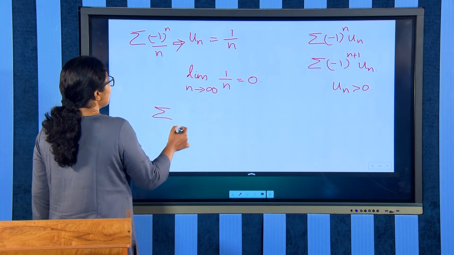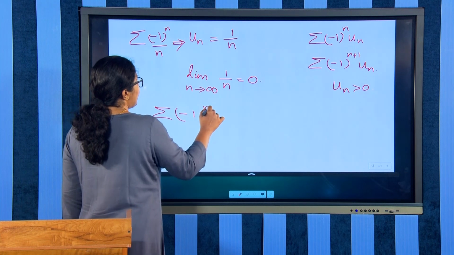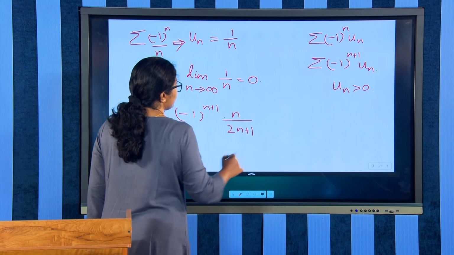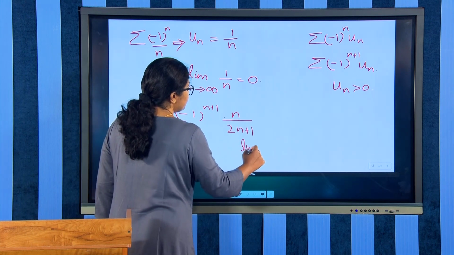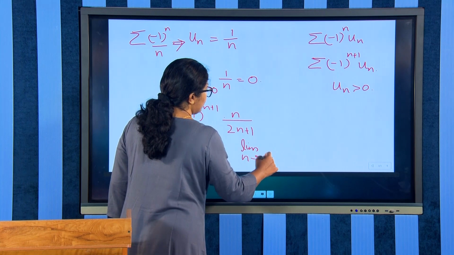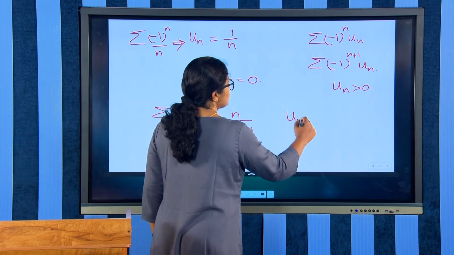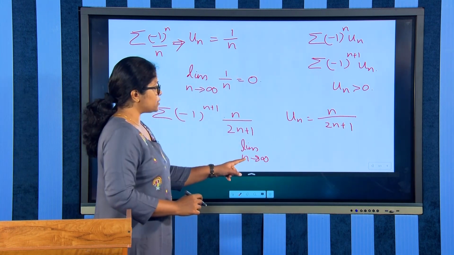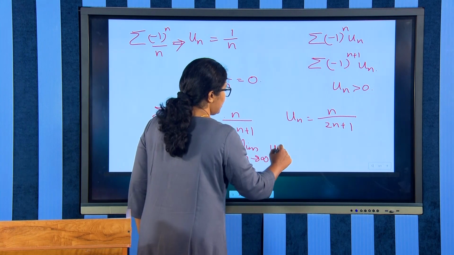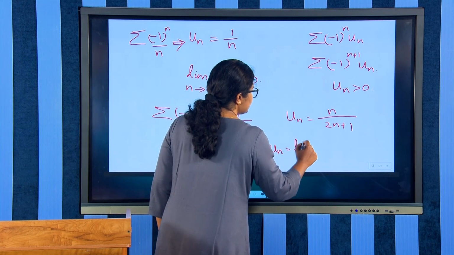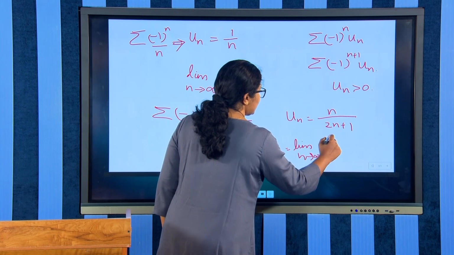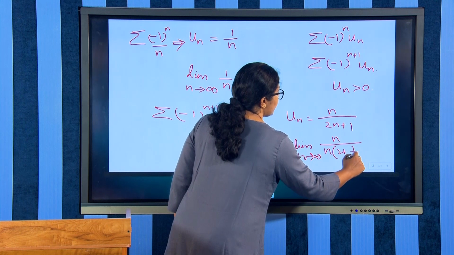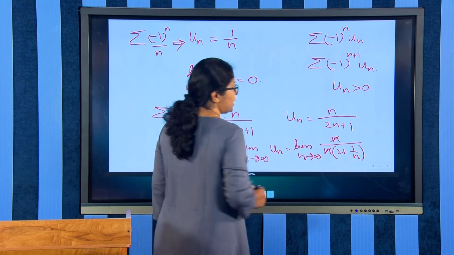And for summation negative 1 power n plus 1 n upon 2 n plus 1, the nth term un is n upon 2 n plus 1. So, limit n tends to infinity un is equal to limit n approaching infinity n by n into 2 plus 1 upon n. So, n and n will get cancelled.